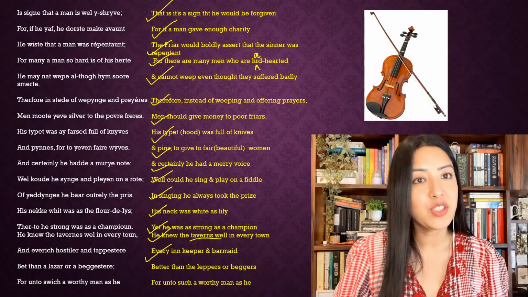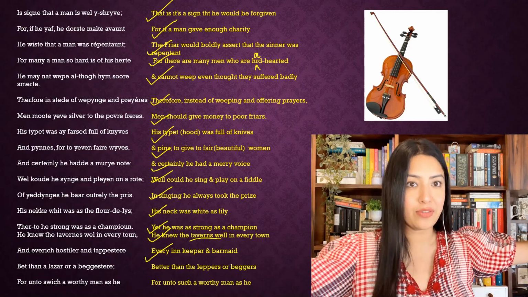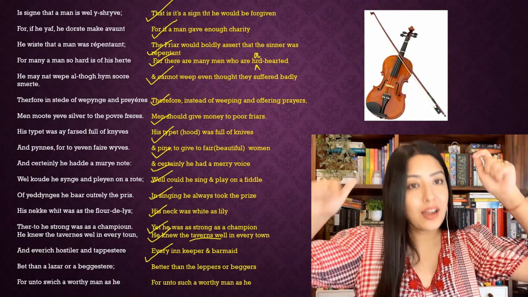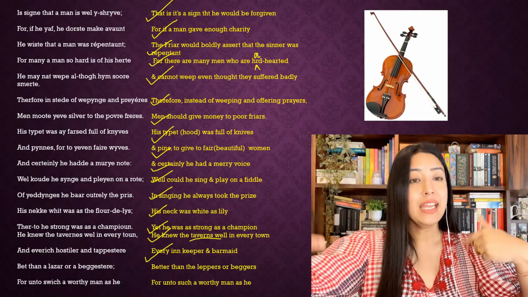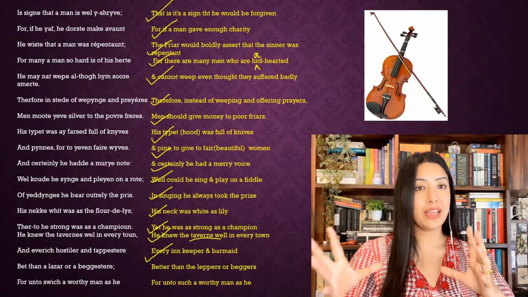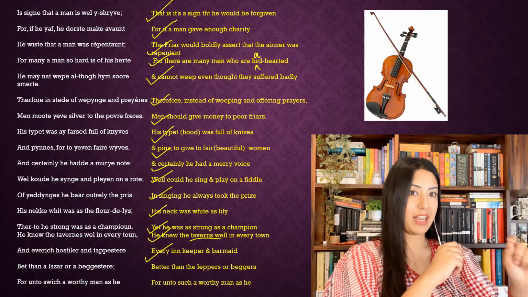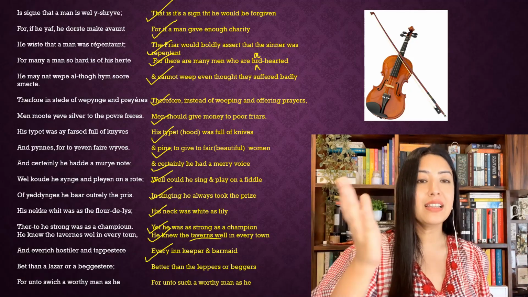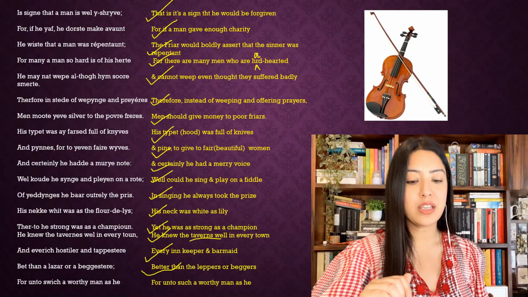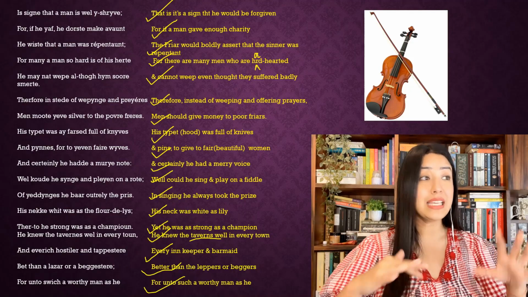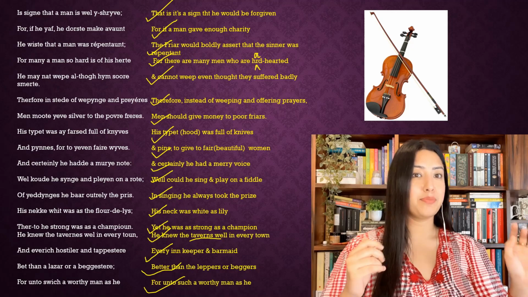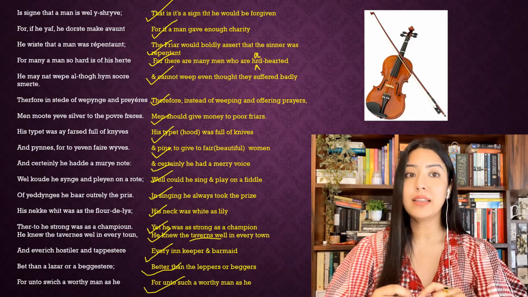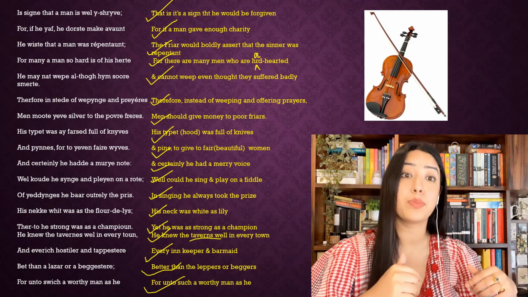What you should be knowing is the church, right? You should be knowing the church of every town, but no, he knows the taverns well of every town, and every innkeeper and barmaid. So he kept connections with these people better than the lepers or beggars, for unto such worthy man as he. He knew the tavern keepers, barmaids and innkeepers better than the lepers and beggars he was supposed to help.